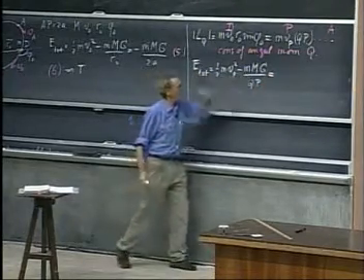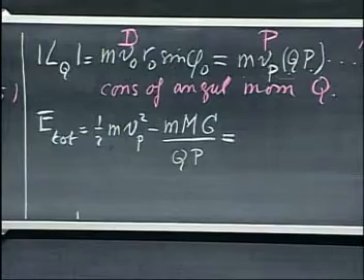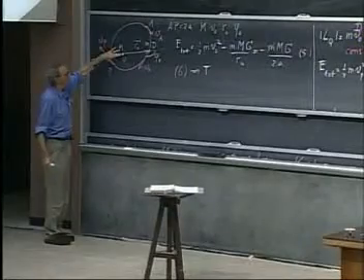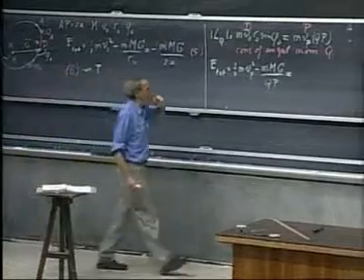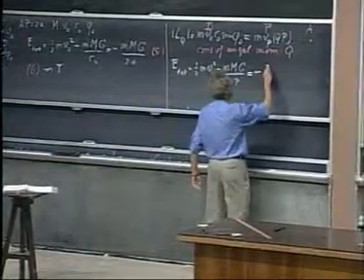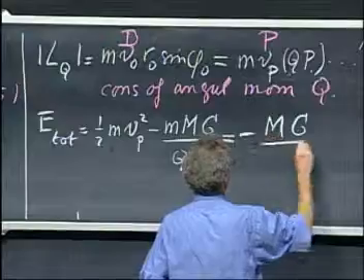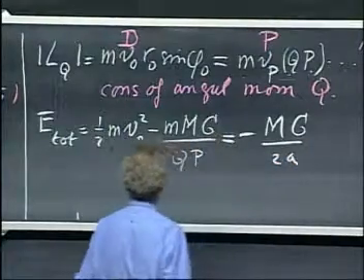This is the potential energy when the distance between capital M and little m is QP. But this number we know because that is minus mMG divided by 2a. That's our equation number 5.